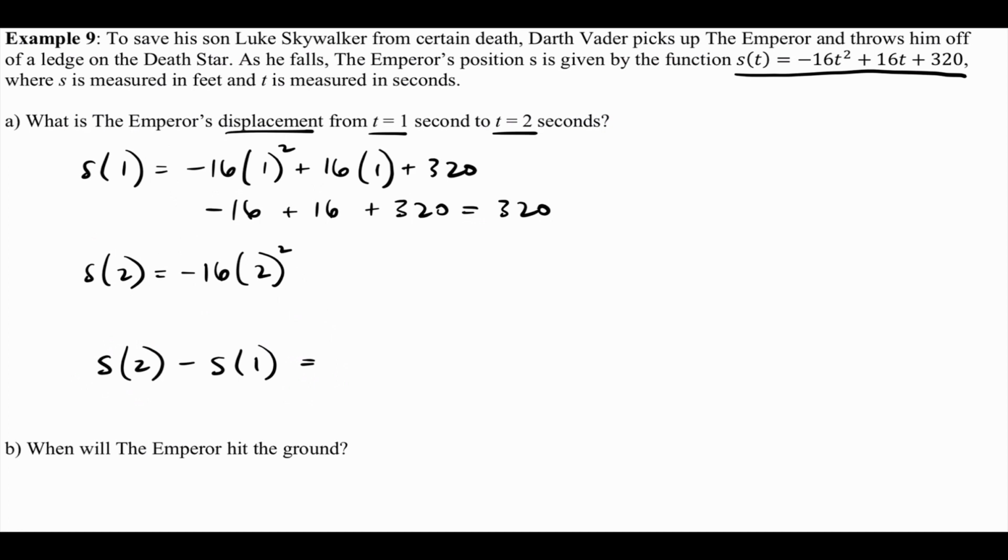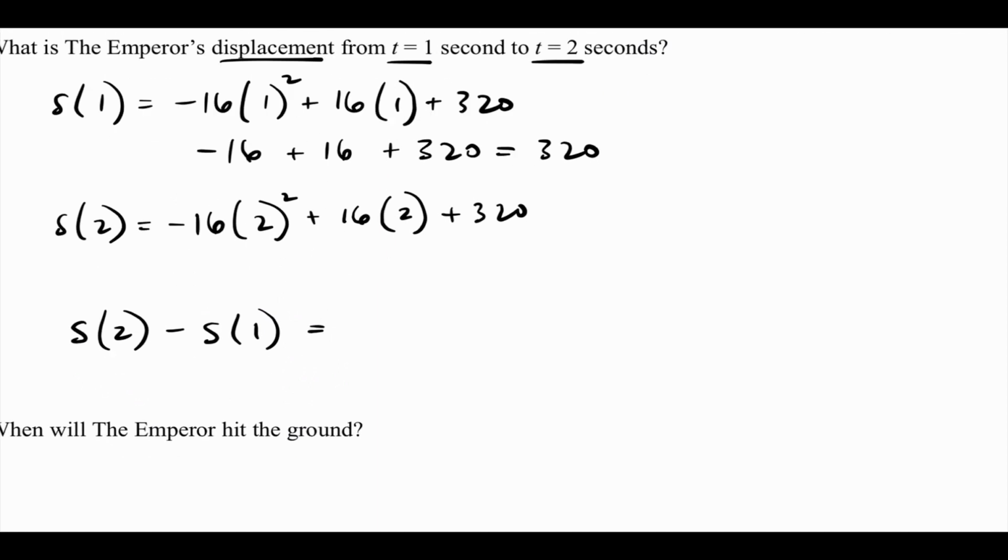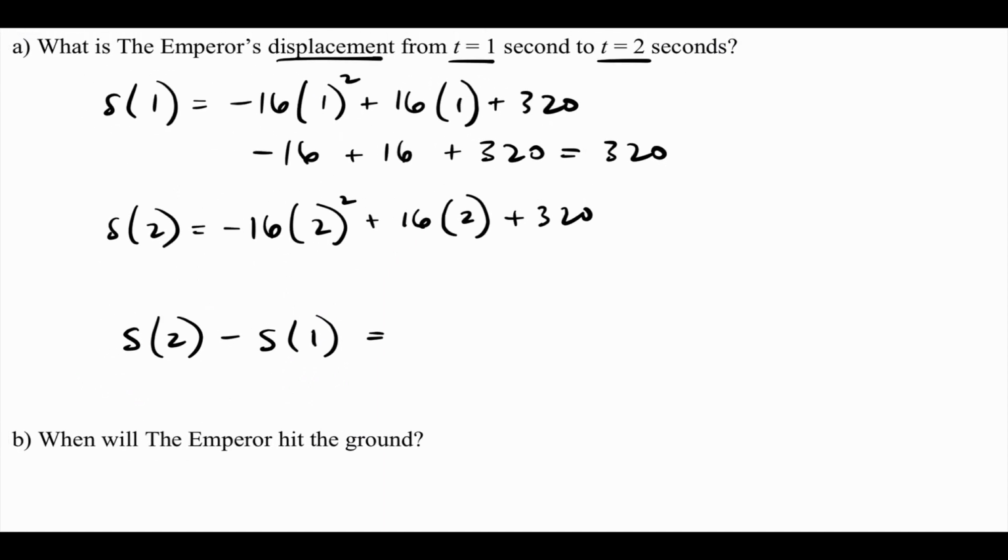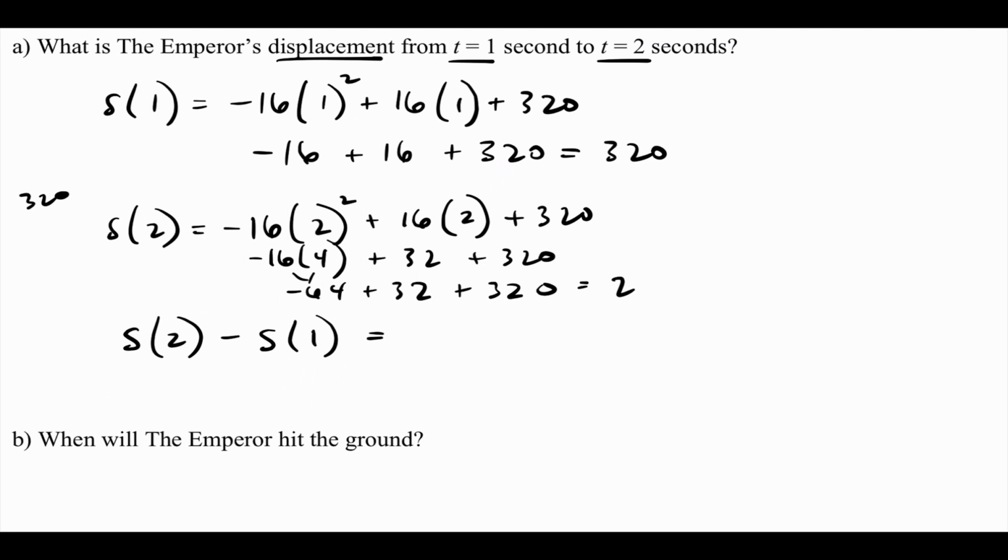Plug in 2. Negative 16 times 4 is negative 64, plus 32 plus 320. That's 320 minus 32, which is 288.